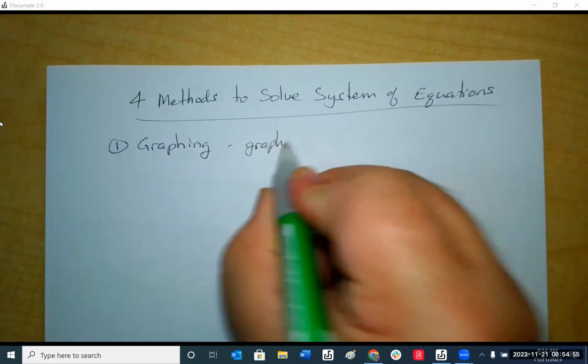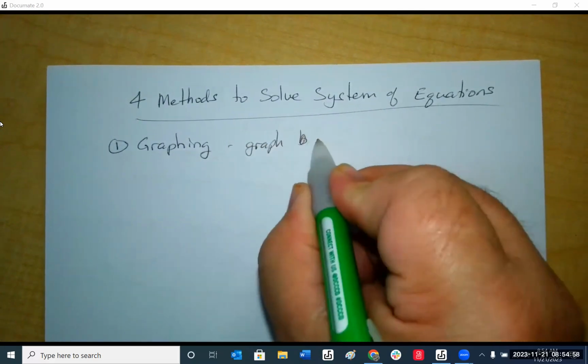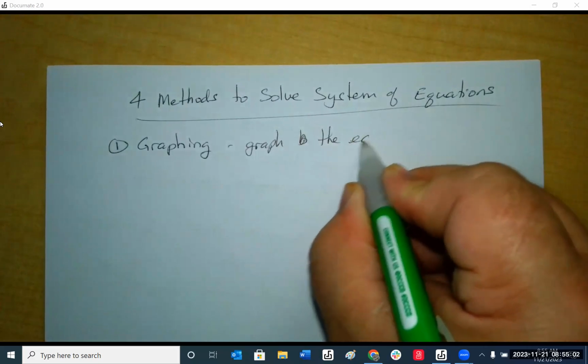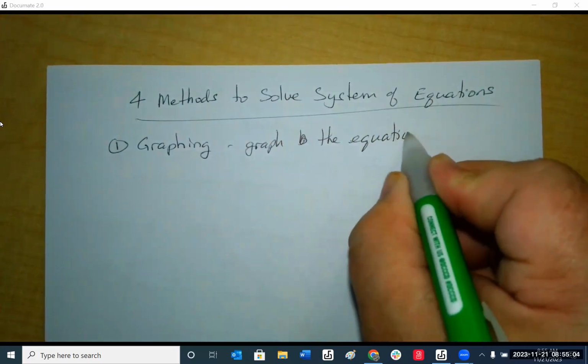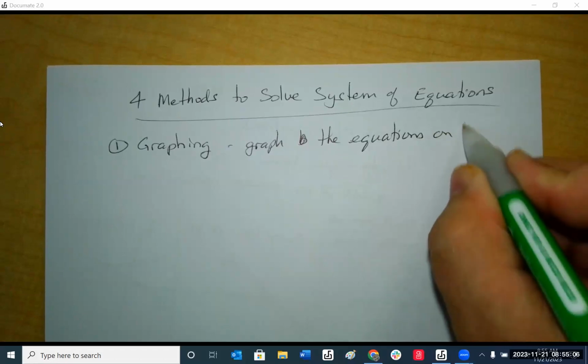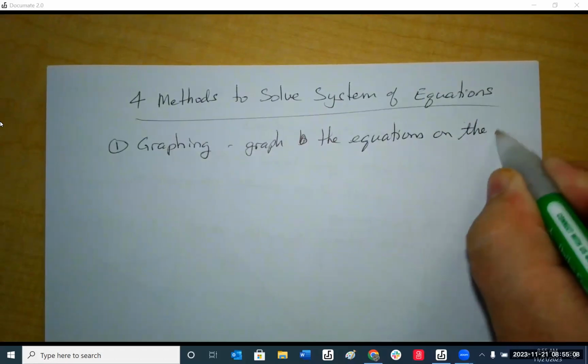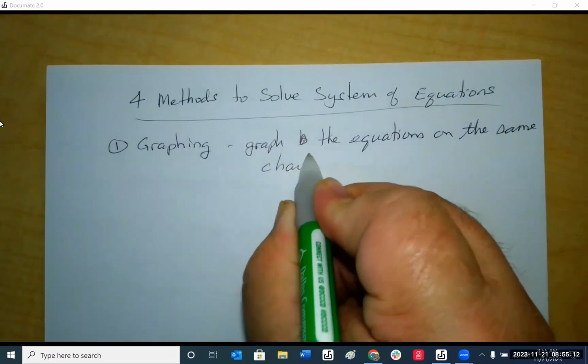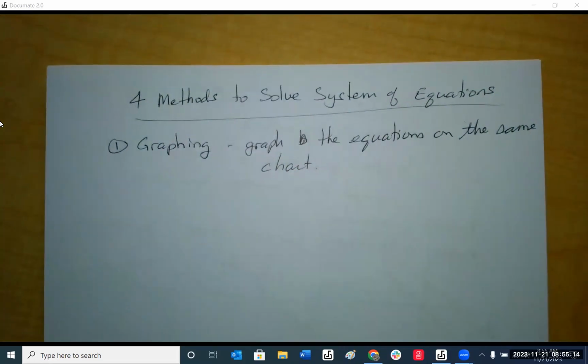This is when you graph the equations on the same chart. And you see if they meet, if they're the same, or if they're perpendicular or parallel. So that's the first one.